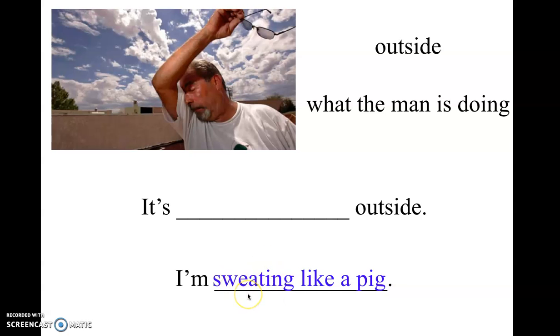So this is what he's doing. I'm sweating like a pig. We could also use the idiom or the adjectives from before. I'm roasting, I'm baking. Here's another one, I'm burning up. A phrasal verb, burning, and the preposition up.